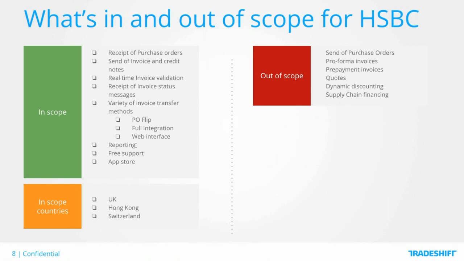There are options to fully integrate your existing ERP solution with Tradeshift in order to send your invoices and credit notes automatically. There's also a web interface allowing you to create non-purchase order invoices on the Tradeshift platform for sending to HSBC electronically.